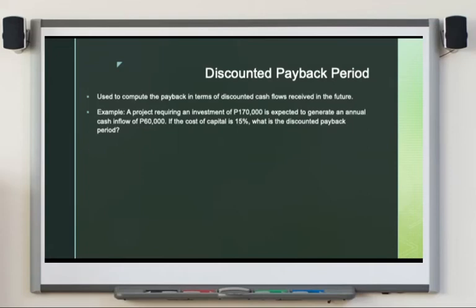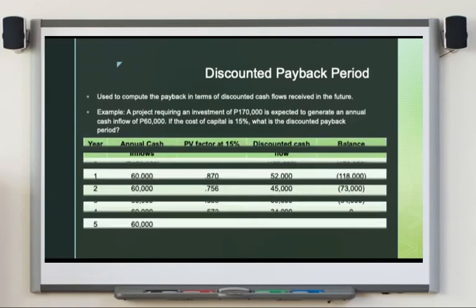So we are given the minimum rate of return or discount rate of 15%. The annual cash inflow is 60,000. The initial investment is 170,000. So we are looking for the period to recover the 170,000 but using a discounted rate.